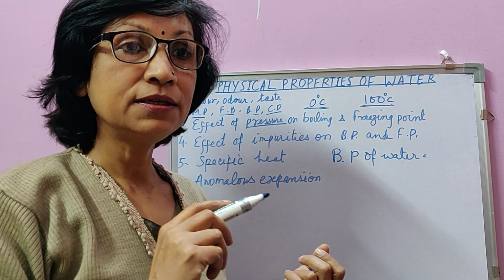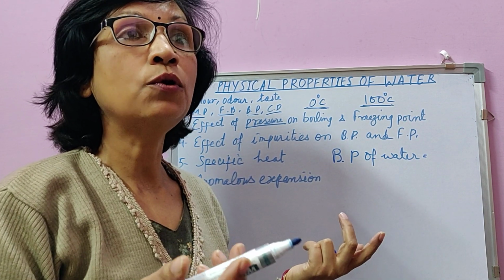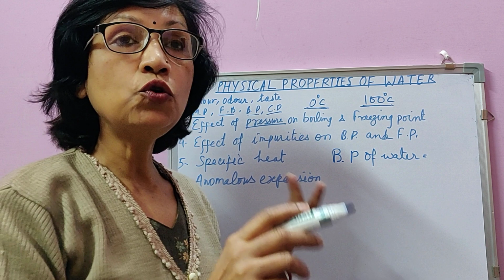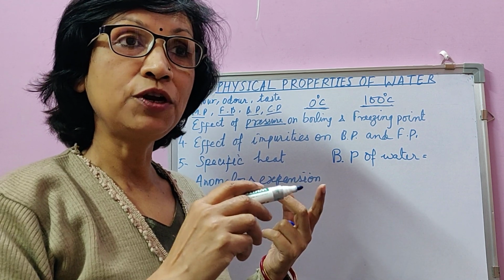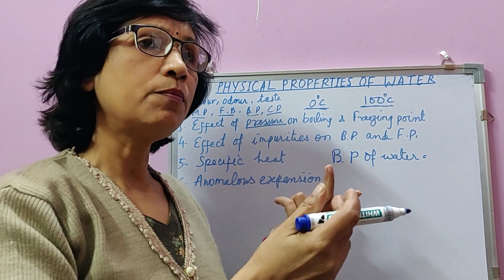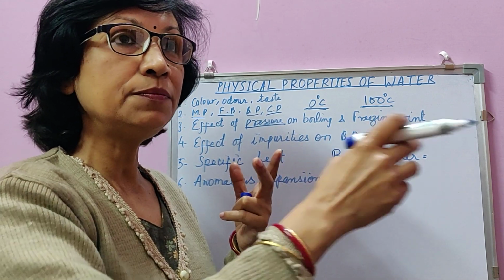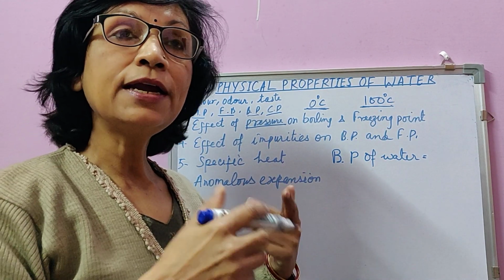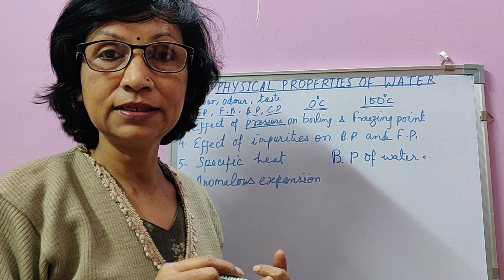In hilly areas, the things which take time to get cooked, like pulses, take too much time. If we do it naturally in an open utensil or a normal utensil covered with a lid through which steam keeps passing out, it boils at a temperature lower than 100 degrees Celsius.